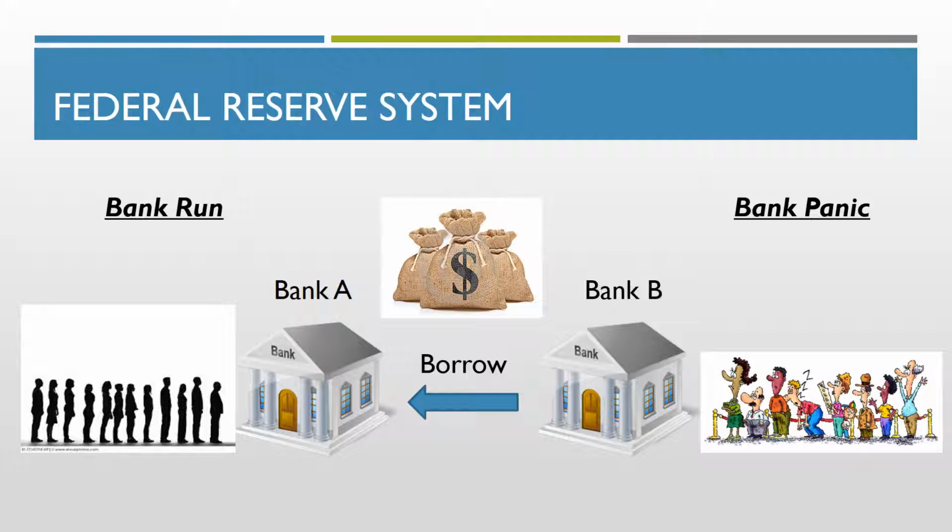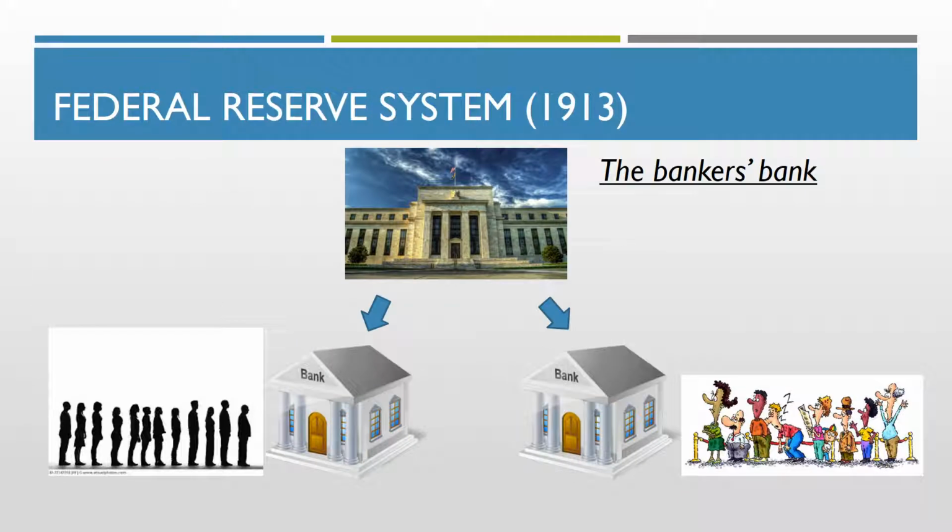Bank panics will create a big problem for the industry because now Bank A needs the money, as well as Bank B, Bank C, and Bank D. So it's very difficult for these banks to get enough funding to pay back the depositors. This kind of situation actually happened during the Great Depression in the United States, where banks actually failed to pay back the depositors.